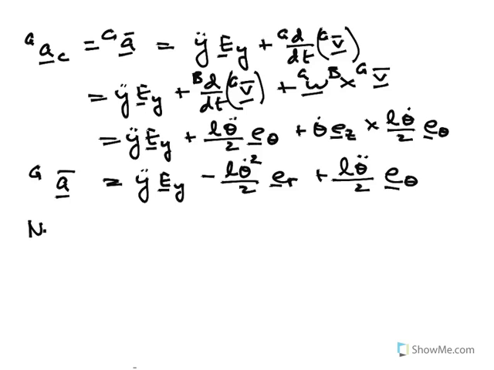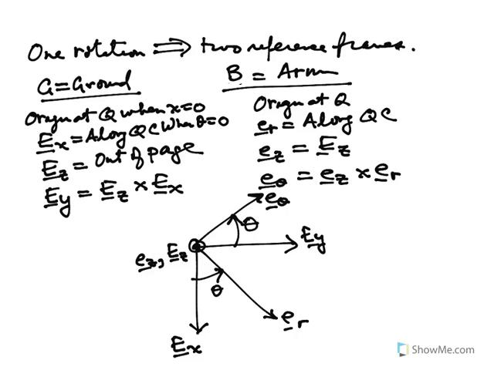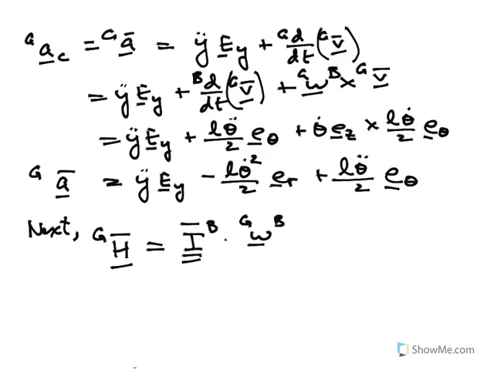Next, we need the angular momentum of the arm relative to its center of mass. This is equal to the moment of inertia tensor of the body multiplied by the angular velocity of the body in the inertial frame. Now, remember, the coordinate system ER, E theta, EZ is fixed in the body, and it is a principal axis coordinate system.